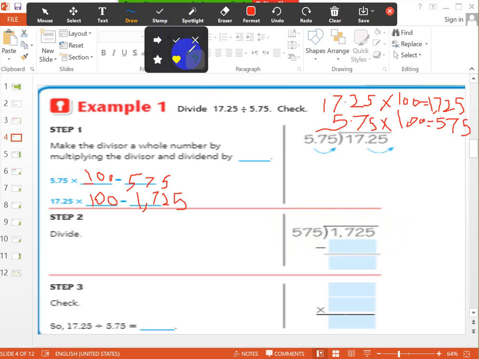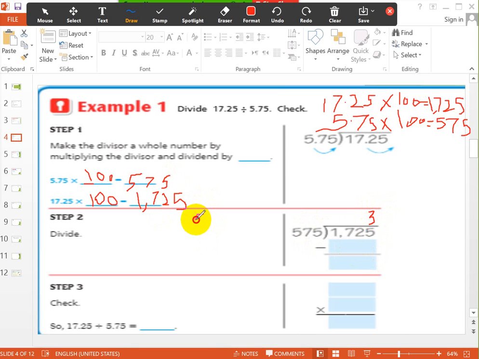Thank you, girls. So the answer will be 3, yes, because what is the number that I will multiply by 5 that will give me 5 in the ones? I think 3, because 3 multiplied by 5 equals 15.